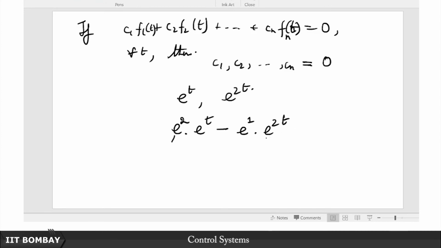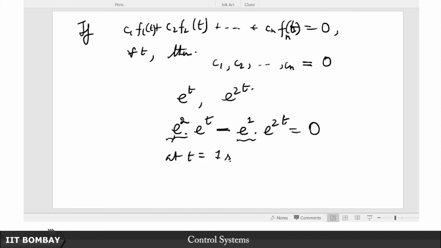What do I get? At t equal to 1 second, this is equal to 0. But does that mean that these two are linearly dependent? Well, of course not. At this one particular value of time you have found this defect.